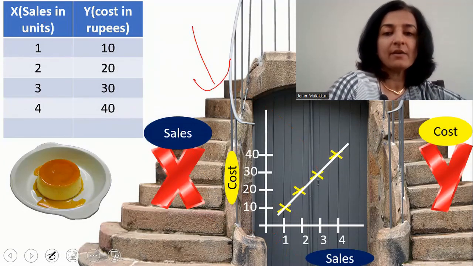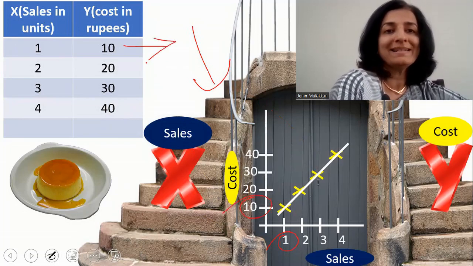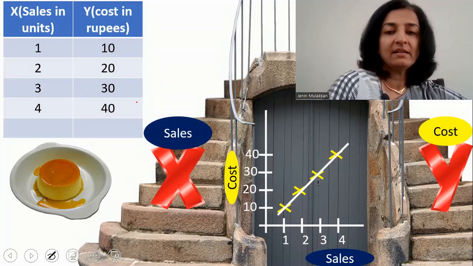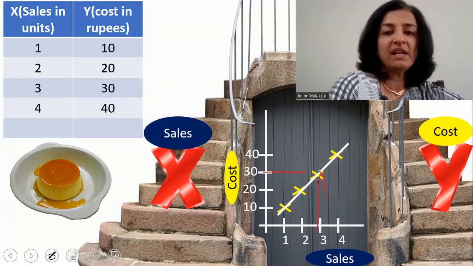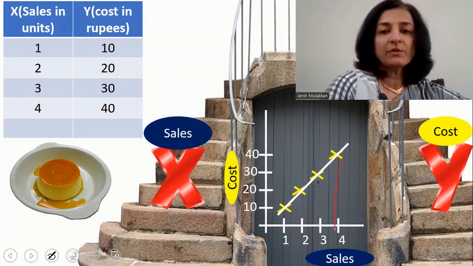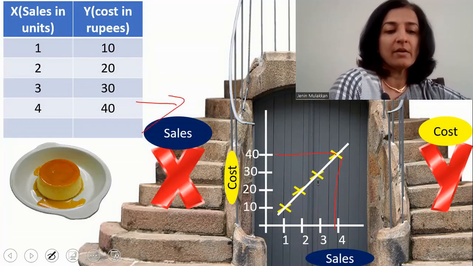So just look at this graph. When the sales was 1 unit, the cost was 10. So that's why (1, 10) is the first plot. And when the sales was 2 units, the cost was 20. So that's why (2, 20). And the third one, when the units were 3, the cost was 30. So that's what is indicated here. And when the units were 4, the cost was 40.